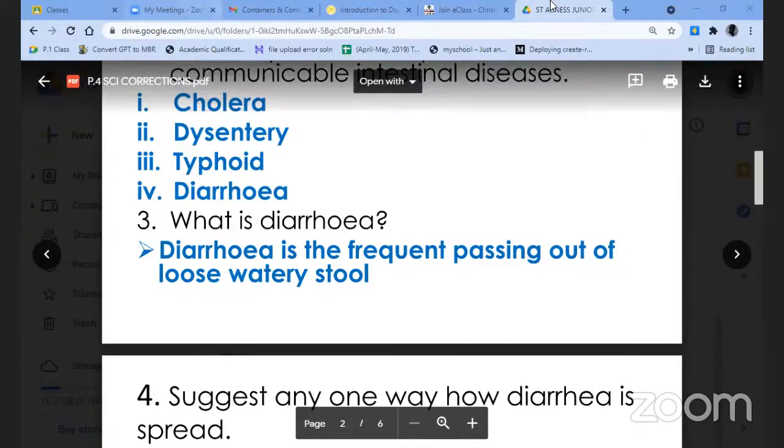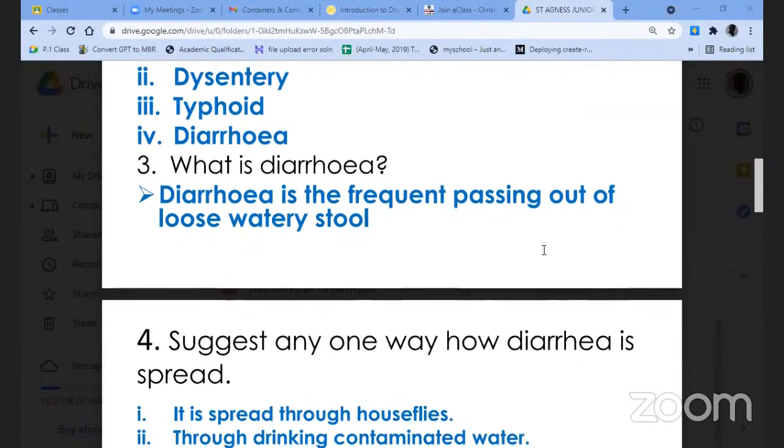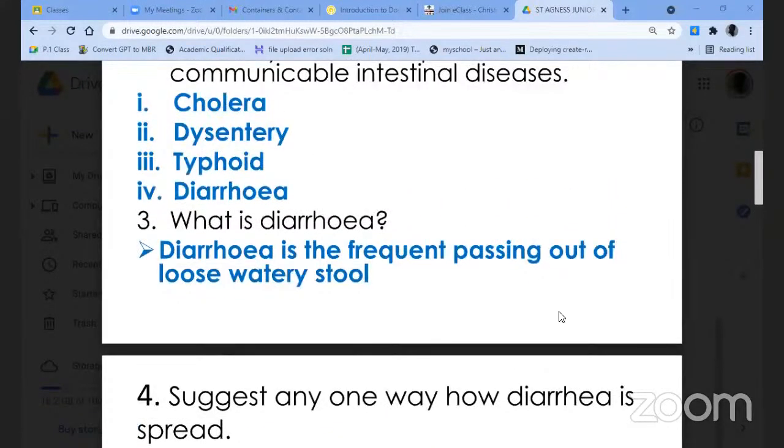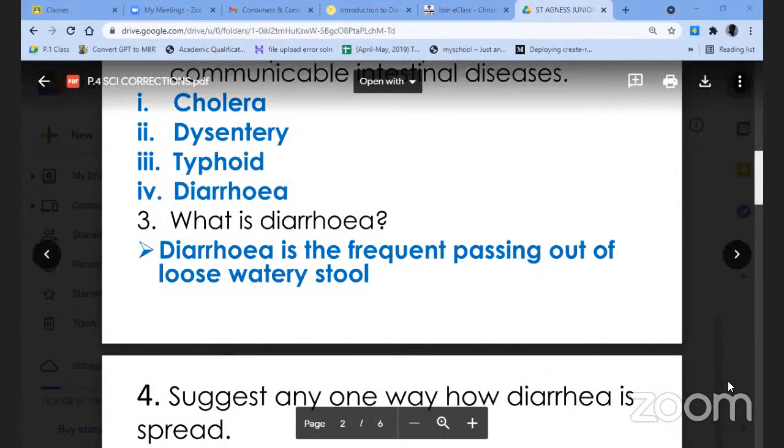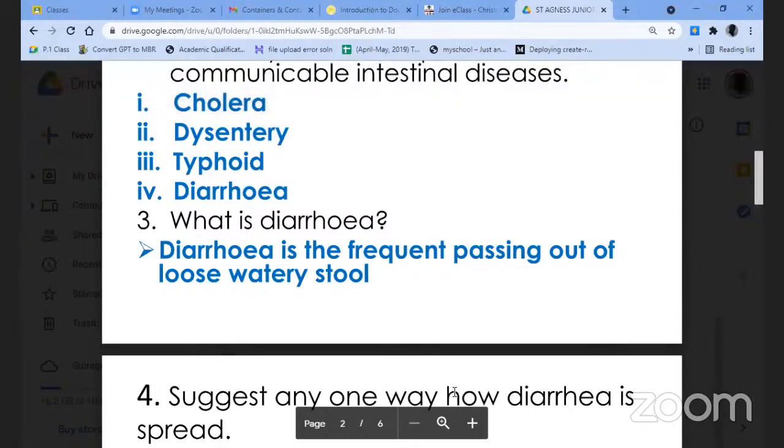Now, number 4 is there. Let me pick someone to read for us number 4 and give us at least one answer. We have very many people here. Winfred, can you read number 4?